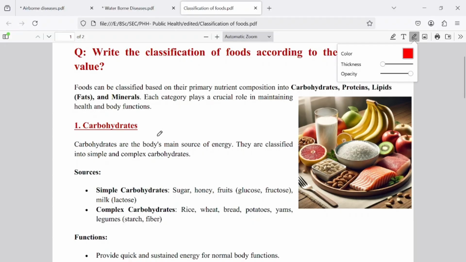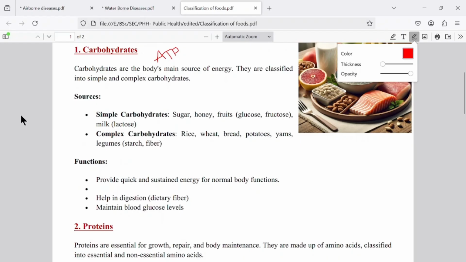Mainly they are involved in the production of energy, called ATP energy. That energy should be supplied to our body continuously because some organs in our body are continuously working. They require a lot of energy, a continuous supply of energy. That's why we have to take these carbohydrates in huge quantities.